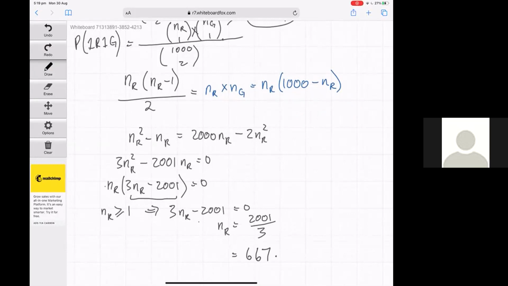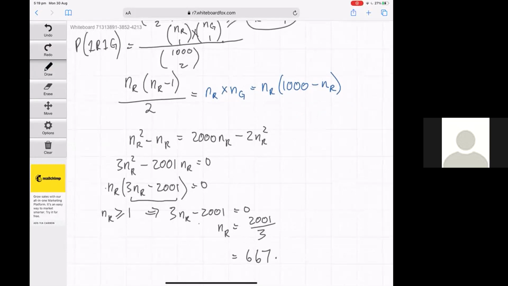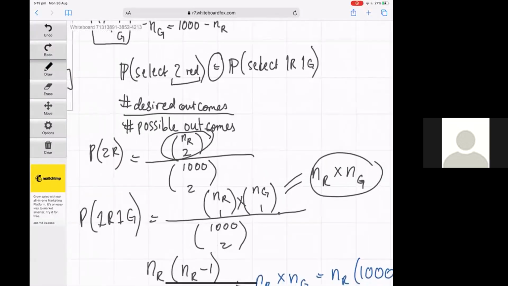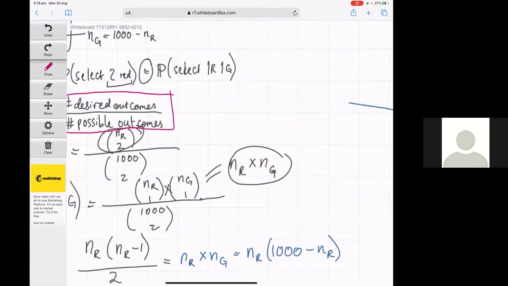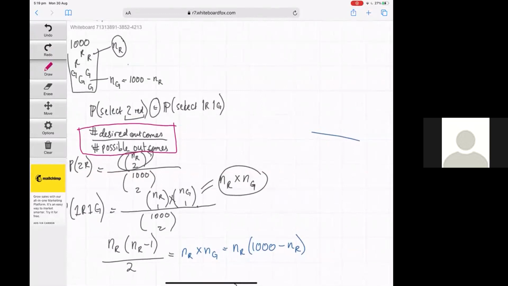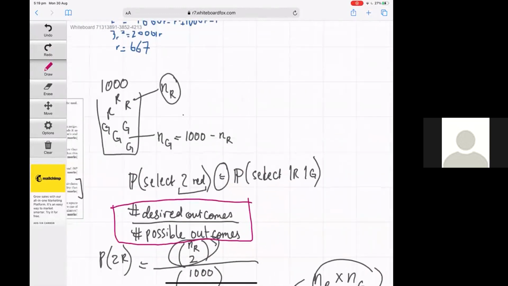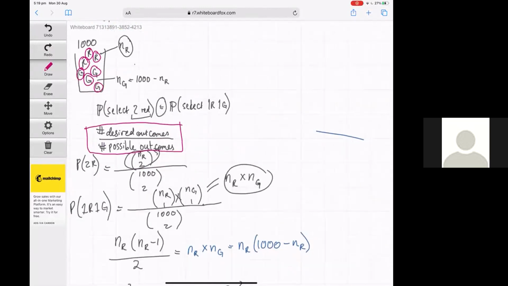Okay, so with this 1000 choose 2 stuff, let's go back and talk again about this choose stuff. So this classical probability formula, I think everyone should be familiar with from school. Now with this choosing stuff, I think perhaps it's a little bit confusing because these green marbles are all identical to each other, and these red marbles are also all identical to each other.